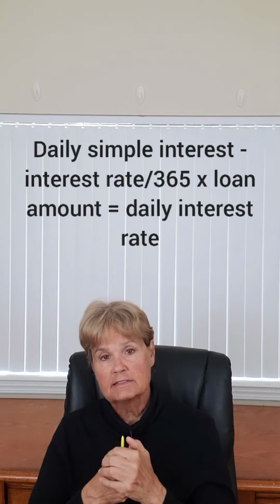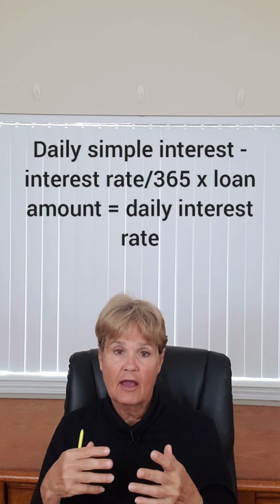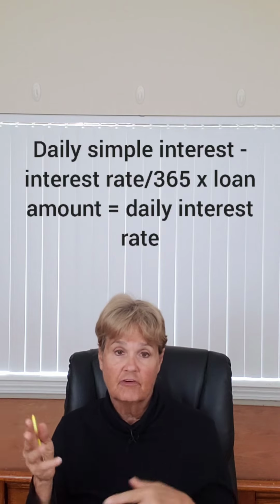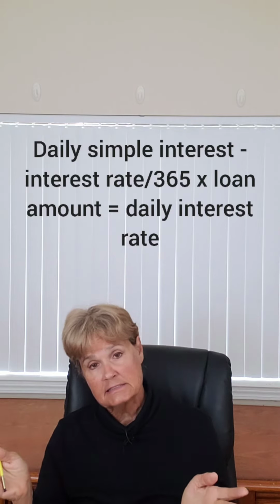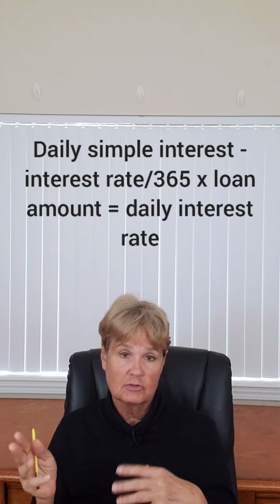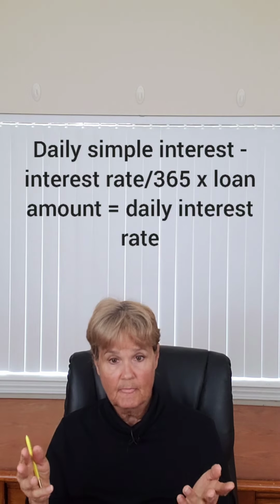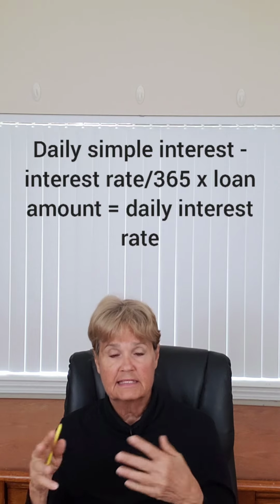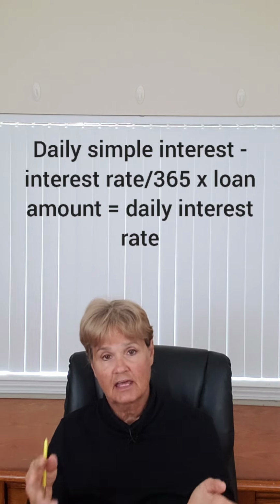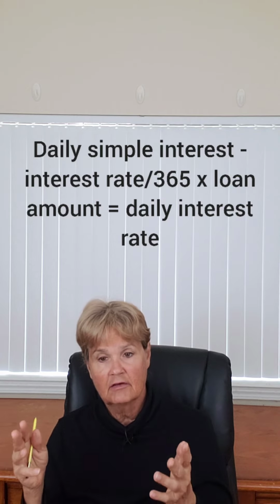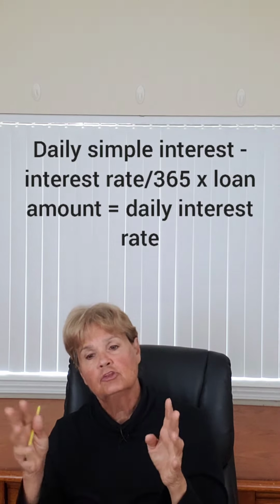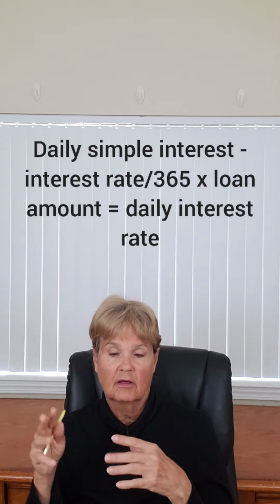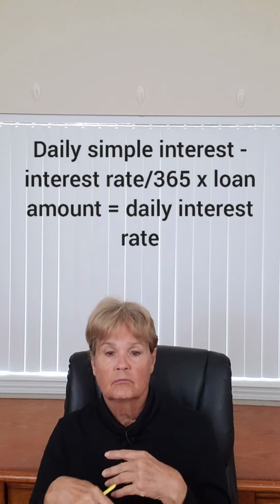Daily simple interest. Now the mortgage interest can be calculated by dividing by 12 because there's 12 months, or dividing by 365 days. So the daily simple interest rate is when you have an interest rate and it's divided by 365 days, and then you multiply that by the loan amount, and that will give you the amount of the daily interest.